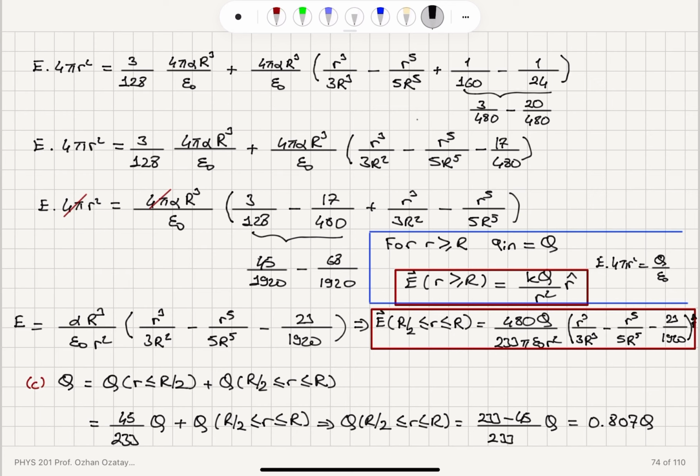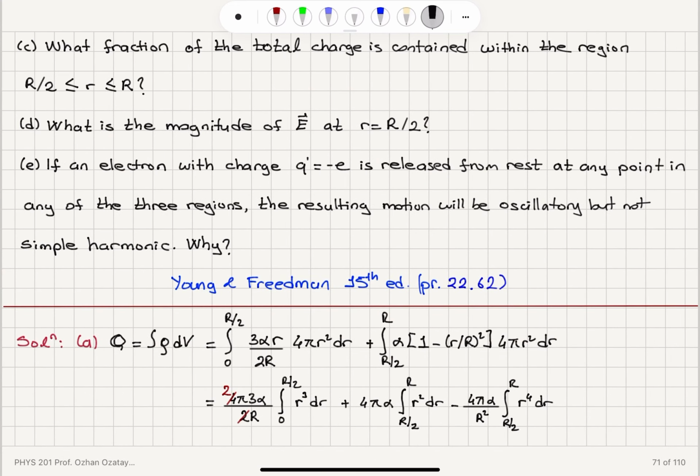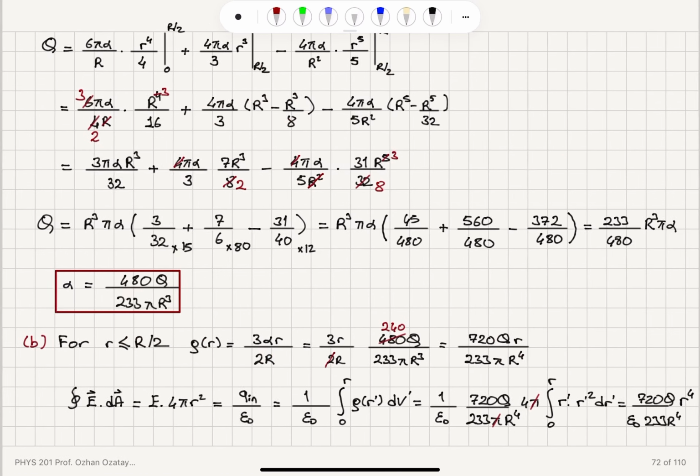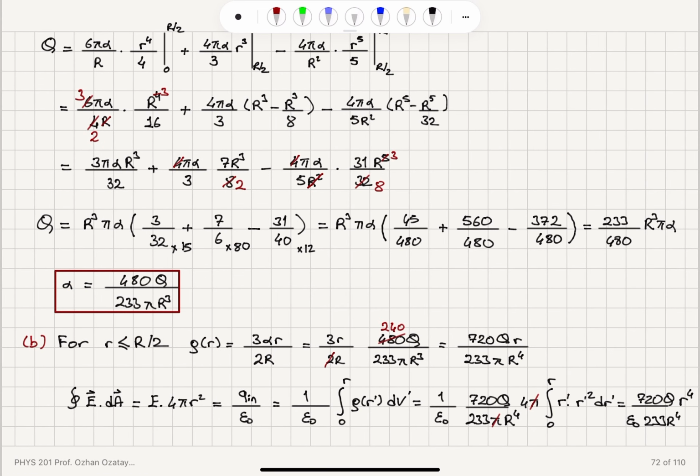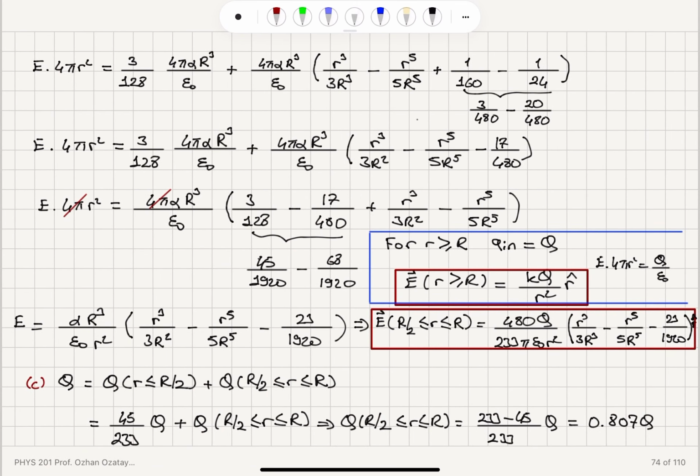Okay, so that basically answers this question. The question was that we want to know the fraction of total charge contained within the region capital R over 2 and R. All I have to do is recall the answer to the integral that was calculated in part A, substitute the value of alpha I have calculated, and find the charge between 0 and capital R over 2.